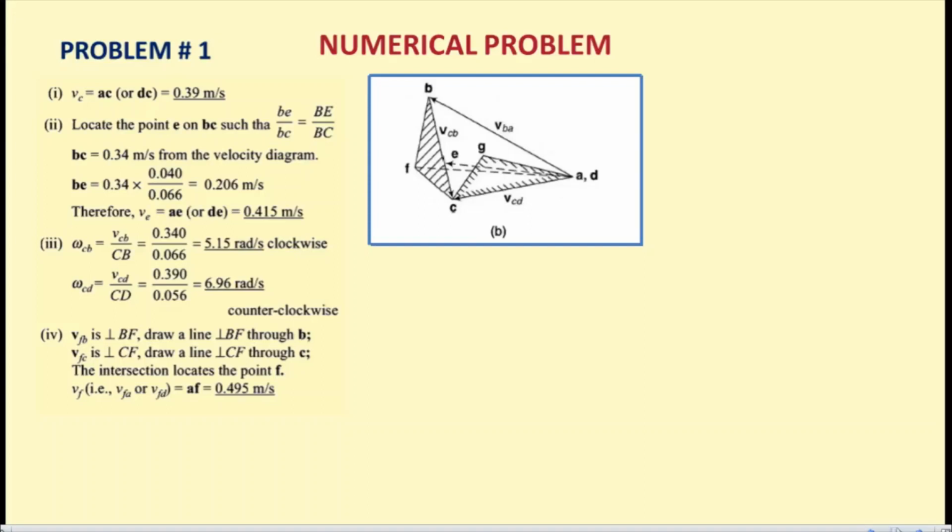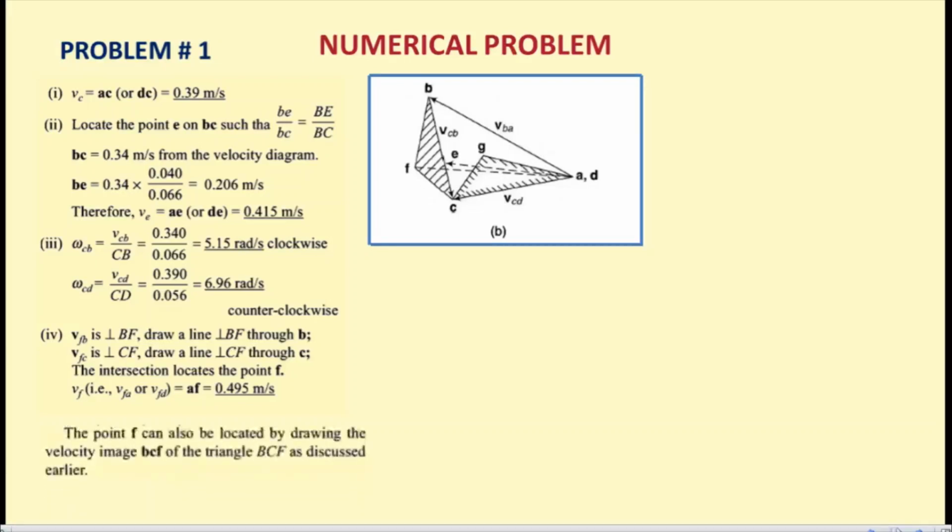Similarly, we can find the angular velocities omega CB and omega CD as 5.15 radian per second clockwise, and 6.96 radian per second for omega CD in the anticlockwise or counterclockwise direction.